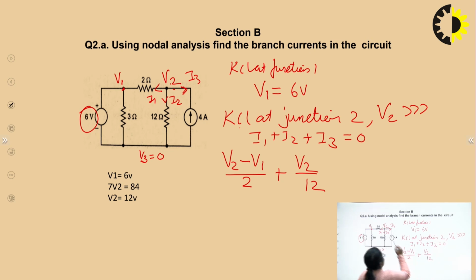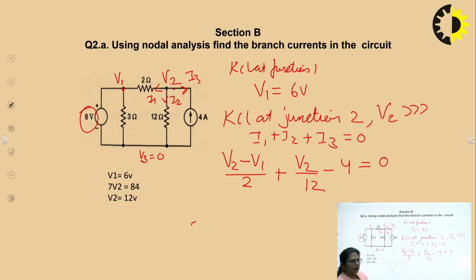And lastly, I3 is itself a current source of 4 amperes. So in this branch, we already know the current flowing: 4 amperes, in the upward direction. The direction we considered is downward, so it has to be minus 4, equals 0.